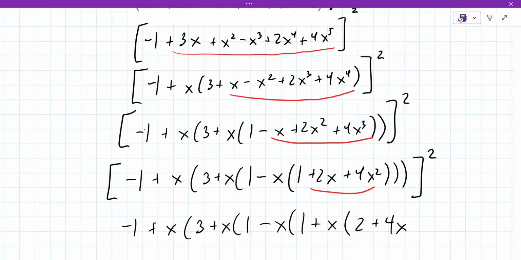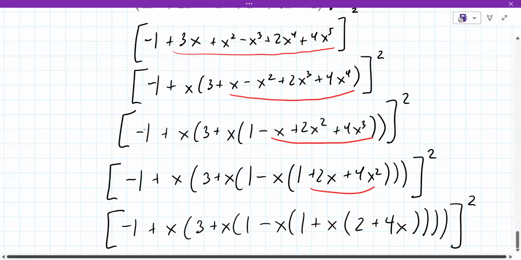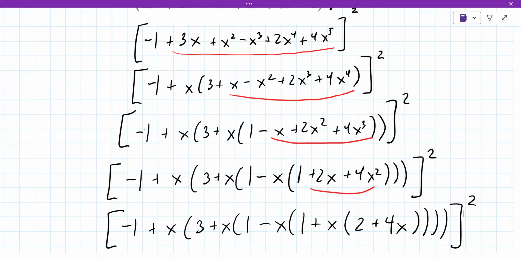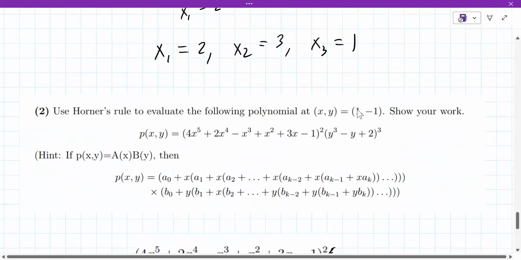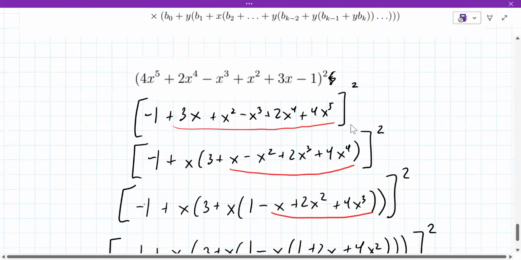And then to figure out the number of closed parentheses, you look at how many you've opened. There's 4: 1, 2, 3, 4. And then you square. So the idea is that this is much easier to do for your multiplications because you can just put 1 in for X.